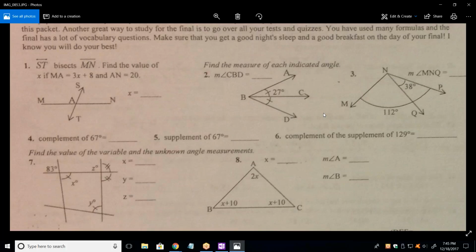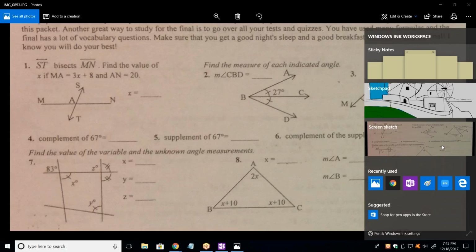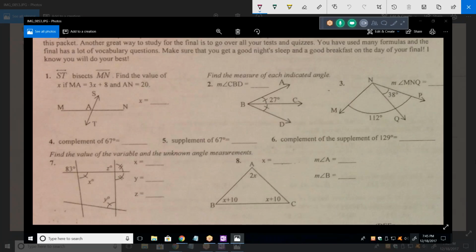So ST bisects MN. What equation can I set up to answer this? In other words, they're telling us that MA equals 3x plus 8 and AN equals 20. What do we know about MA and AN? Okay, up here, ST bisects MN.